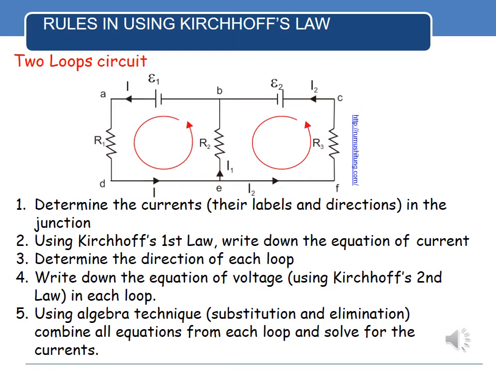For example, in this case, you have I equals I1 plus I2. Then you determine the direction of each loop. Then you write down the voltage equation using Kirchhoff's second law in each loop. Using algebra, substitution and elimination, you combine all equations from each loop and solve for the currents.